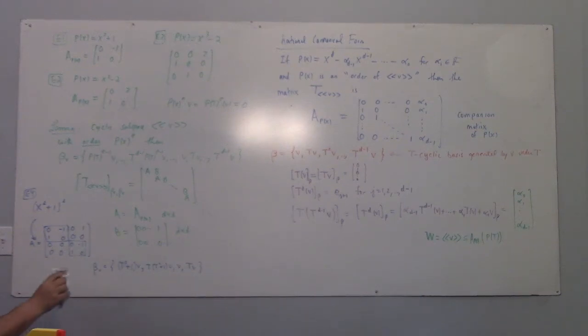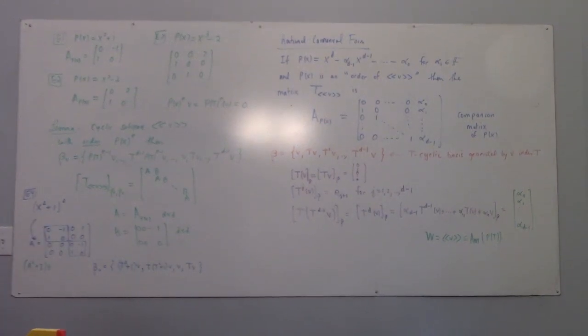So A squared plus the identity acting on V should decide what the first column is.